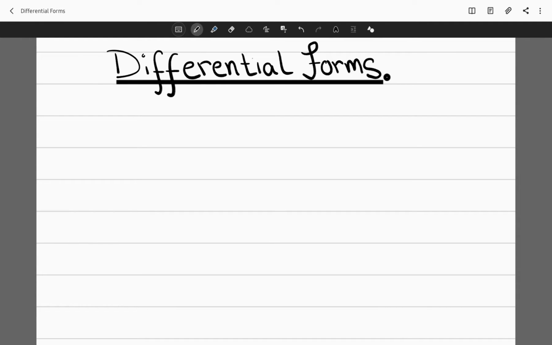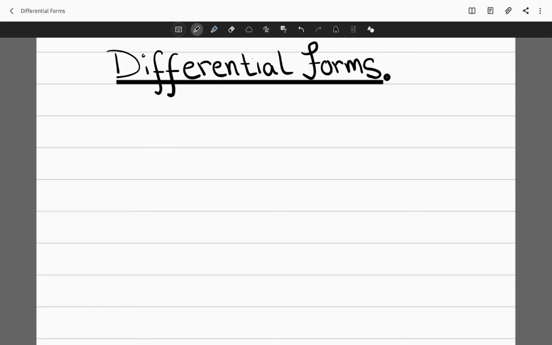In this lecture, let's talk about one of the most useful concepts of advanced mathematics, and that is differential forms. Like many other advanced math concepts, you have actually secretly been using these differential forms before.